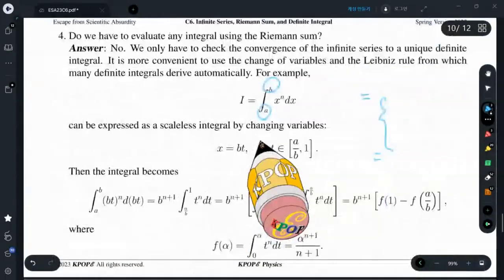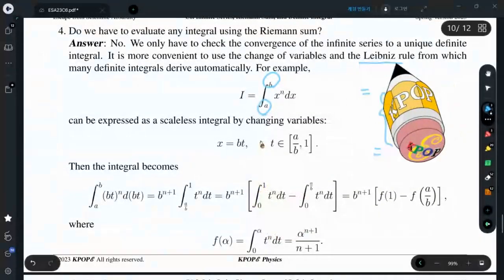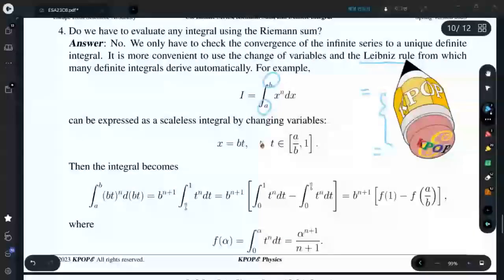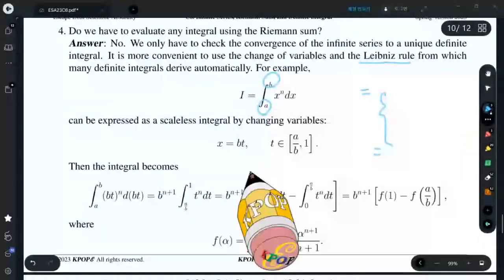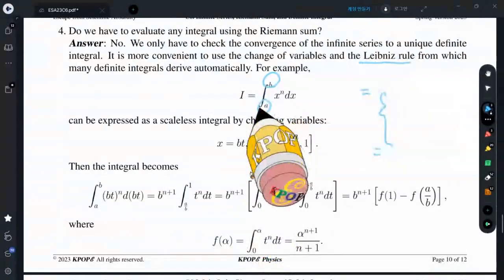Therefore, we would like to develop another way, introduced by Leibniz. He's a clever scientist. You know, this integral notation was developed by Leibniz.